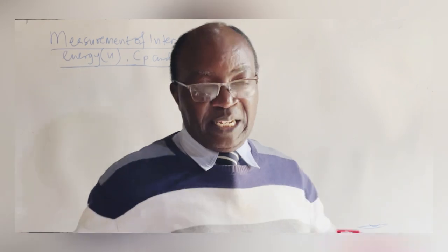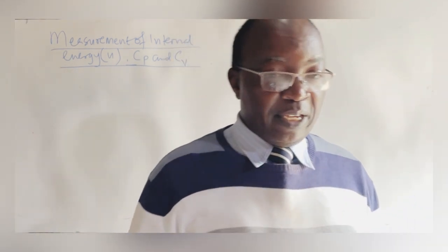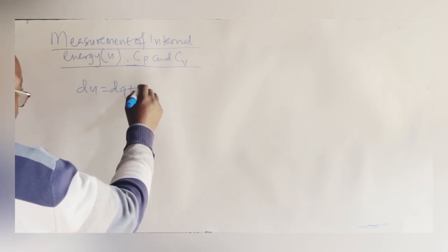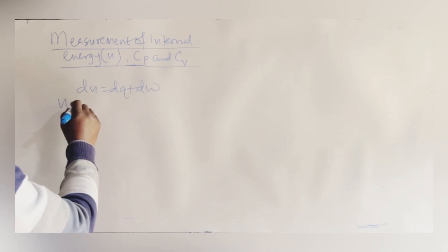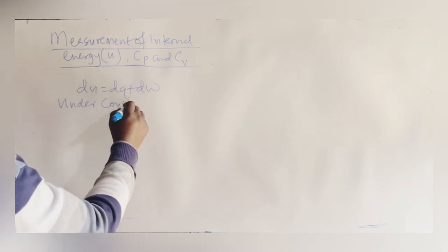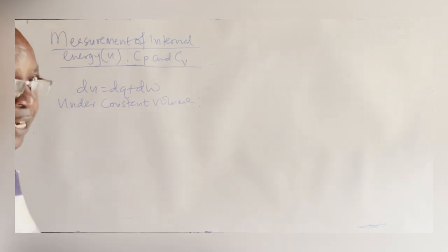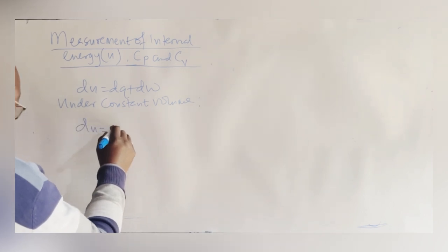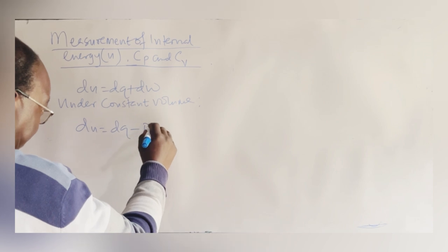Now, we have already seen that from the first law of thermodynamics, using the non-flow expression, that is dU is equal to dq plus dw, we saw that under constant volume, the expression for the first law, which is dU is equal to dq minus PdV.